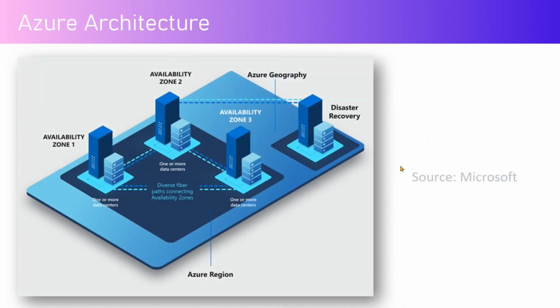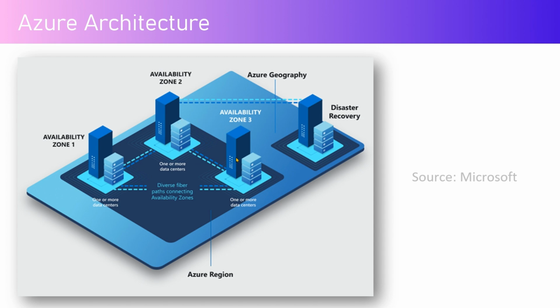Now, from a concept perspective, how it works is you have an availability zone. If you see this example, availability zone 1, availability zone 2, and availability zone 3 in an Azure region plane, and the blue thing you see here is an Azure geography. Disaster recovery is a separate system here. You have availability zone 1, which comprises one or more data centers, and there are diverse fiber paths connecting the different availability zones.